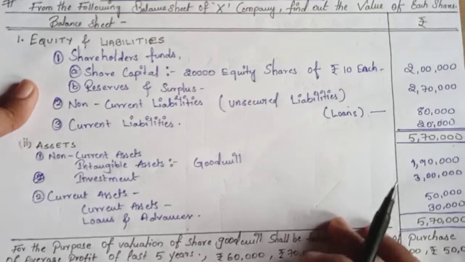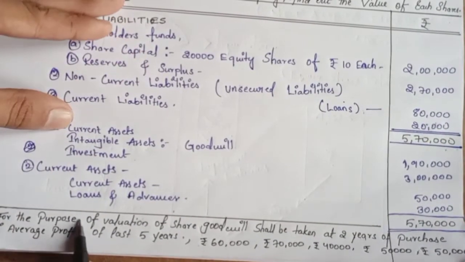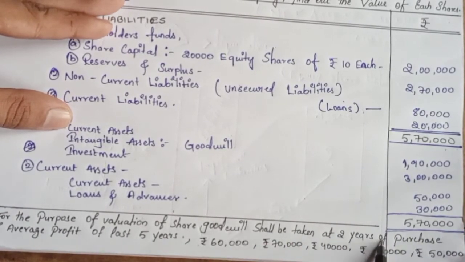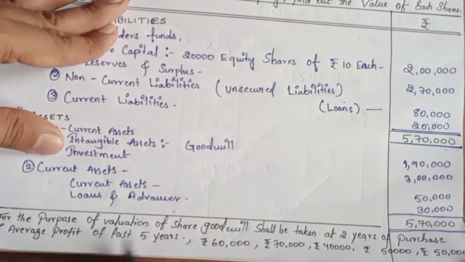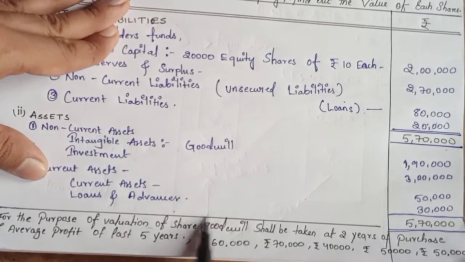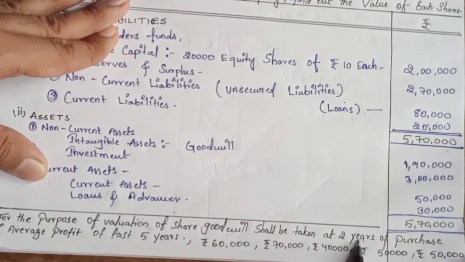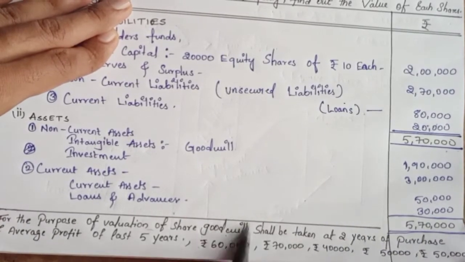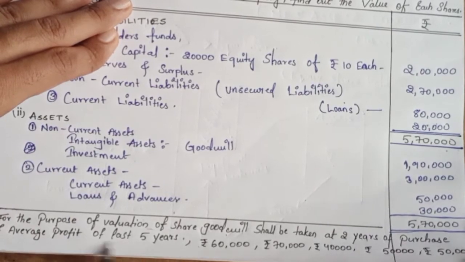Next, in the adjustments, they have given that for the purpose of valuation of shares, goodwill shall be taken at 2 years' purchase. We have to ascertain the goodwill at 2 years' purchase of average profit for the last 5 years.